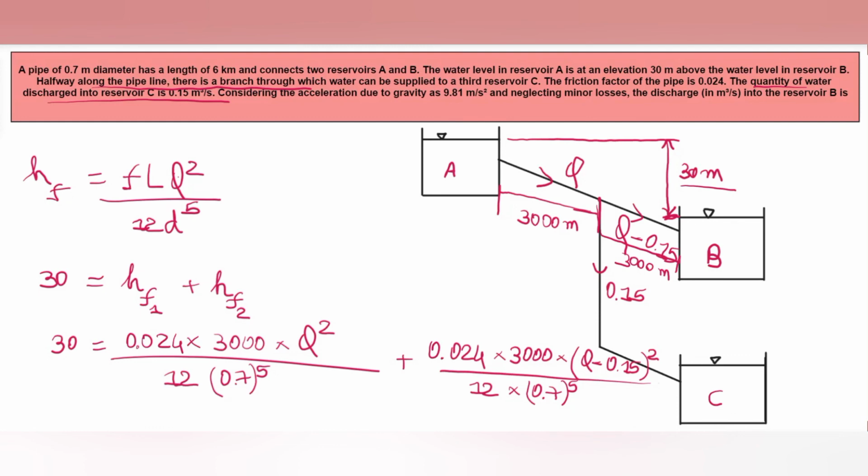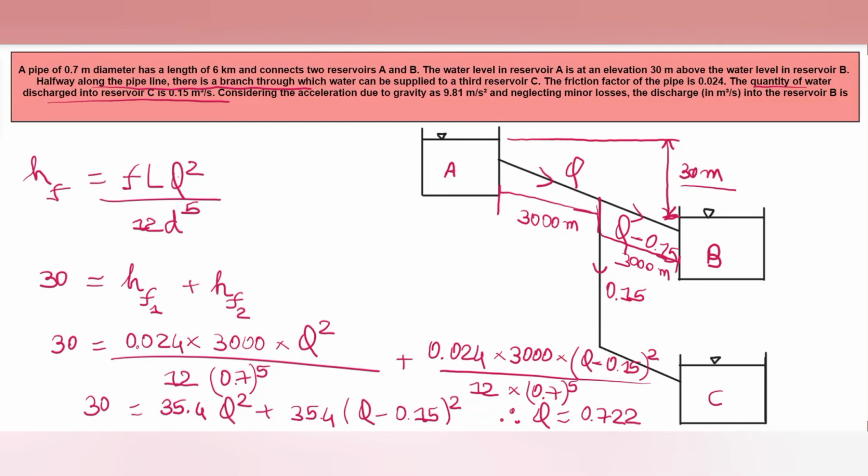On solving this, we get 30 is equal to 35.4 Q square plus 35.4 into Q minus 0.15 whole square. Then we'll open this bracket, which is Q minus 0.15 whole square. And again on solving this, we'll get Q is equal to 0.722 meter cube per second.